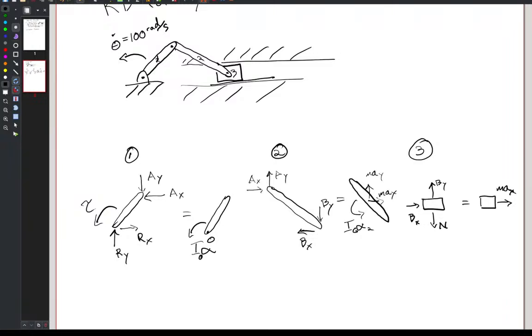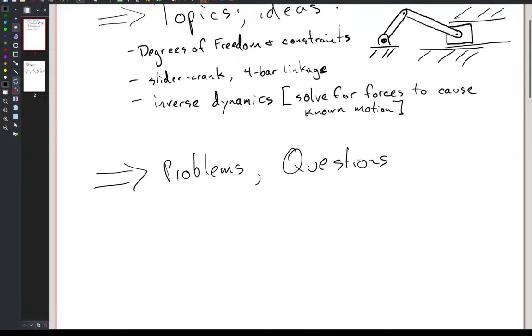We did it once, and we could probably do it for the moving part, but usually once you get moving systems like this, you plug it into some kind of multi-body dynamic solver, and then it would just plop out all those reaction forces, all the constraint forces, all that stuff for you. Anyway, just an aside.